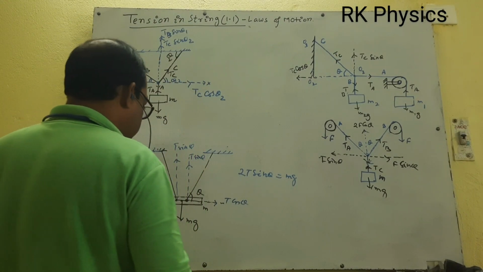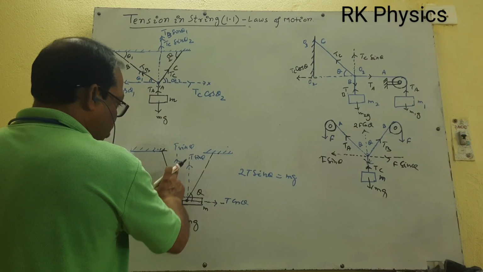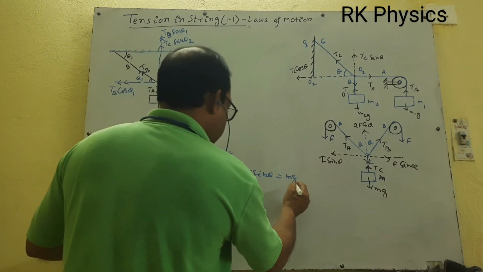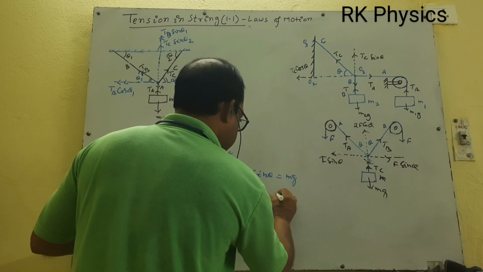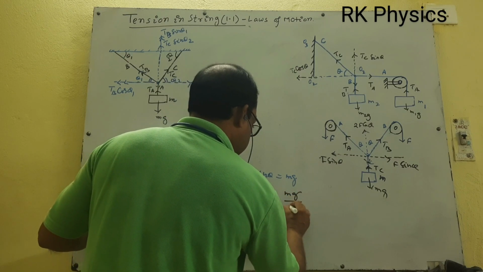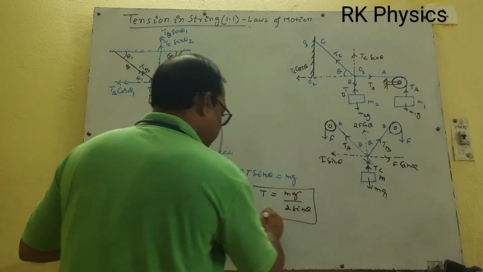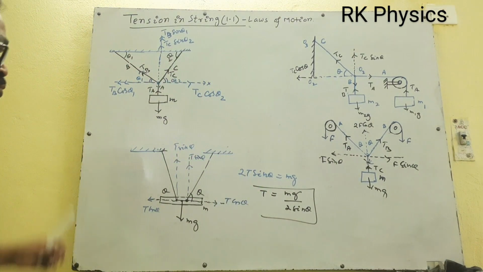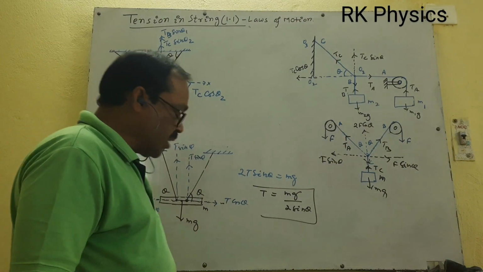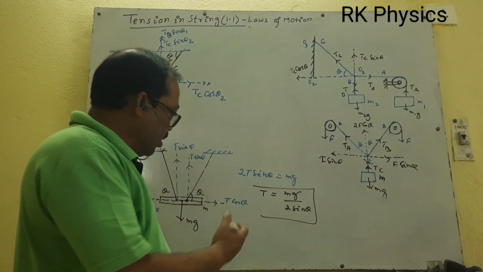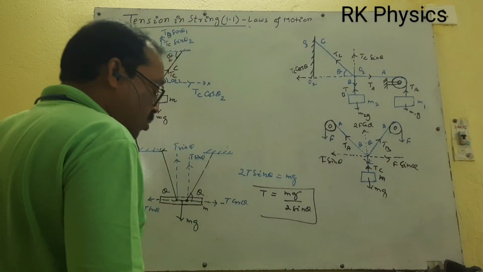If this is theta, this is cosine, this is sine. So 2T sin theta equal to mg. Therefore T equals mg divided by 2 sin theta. This is the formula. If mass and theta are given, you can calculate the value of T.